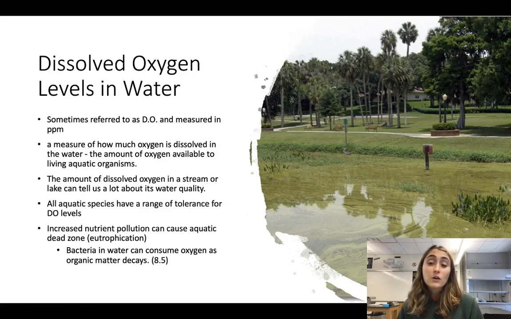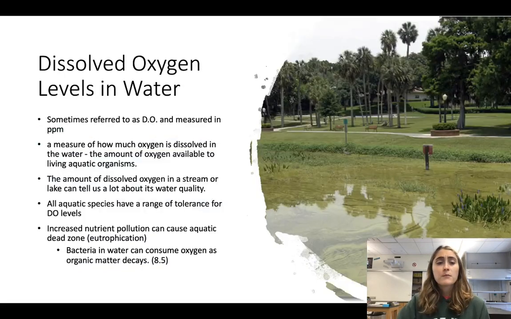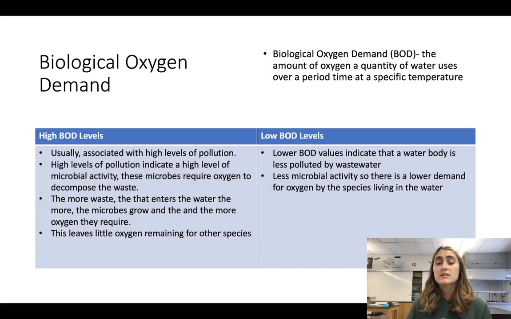But as we know, increased amounts of eutrophication can cause lower amounts of dissolved oxygen in the water as a result of increased microbial activity. And so we're going to look at how that actually plays out. We're going to do a deep dive on eutrophication. So another term you need to be familiar with, which is different than DO, is BOD, or biological oxygen demand.